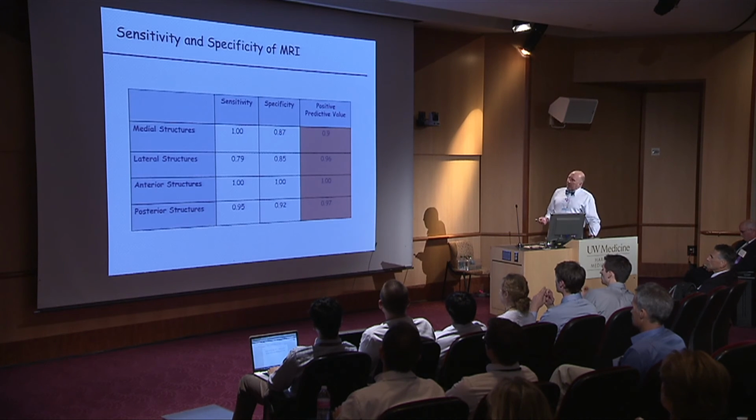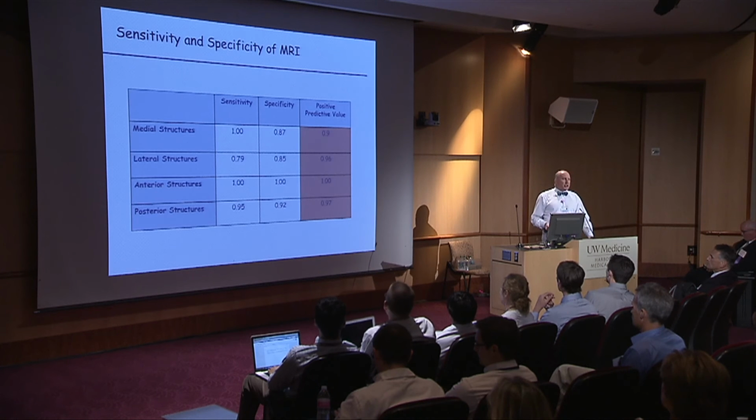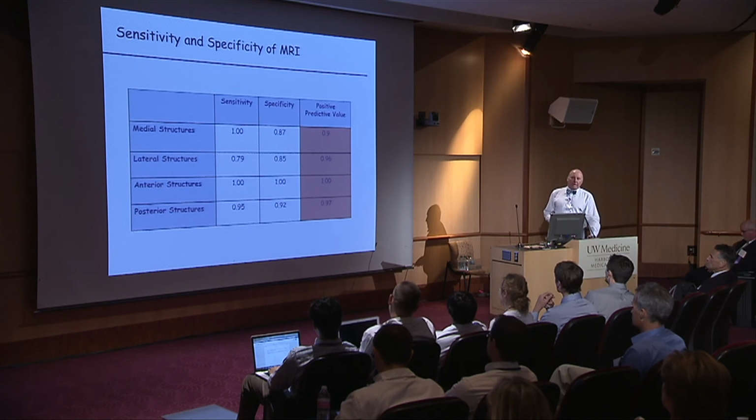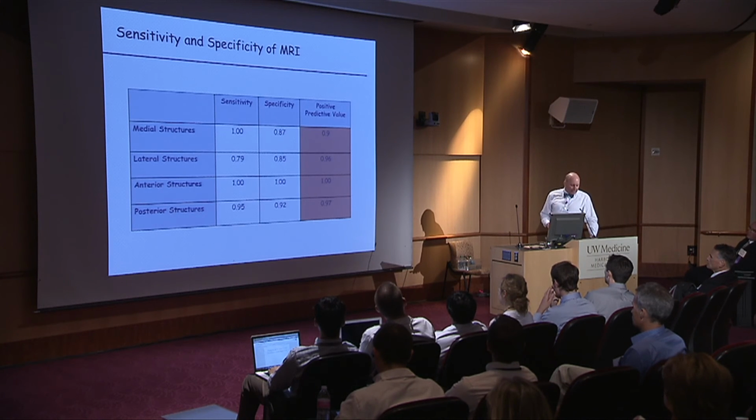Whereas if you look at MRI scanning, it has a very strong accuracy and positive predictive value. So although clinical examination is useful in alerting you to the patients that need further investigation and treatment, the MRI scan is the accurate way of assessing what has been injured and where it has been injured.